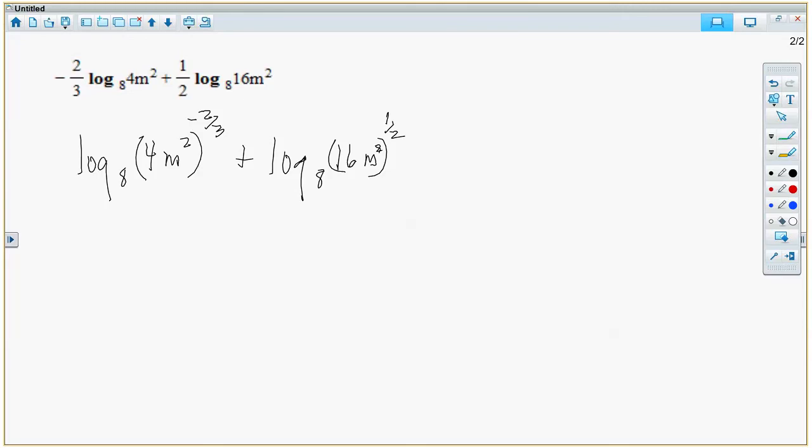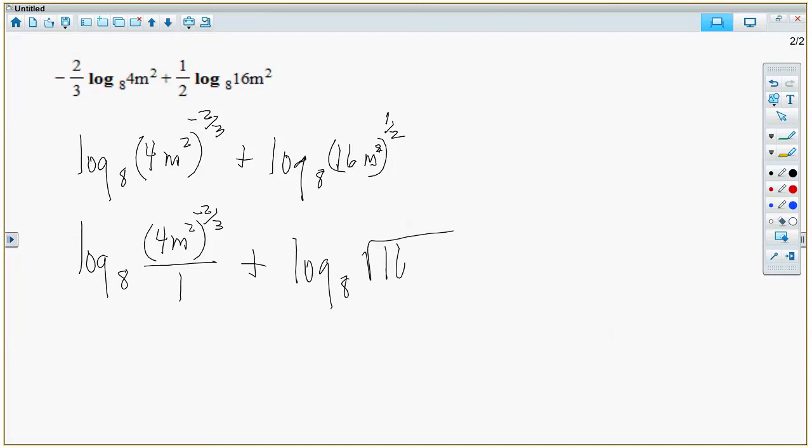Now, this right here needs to be fixed because this is negative what? And that ain't good. So I'm going to rewrite this as log base 8 of (4m squared) to the negative 2/3 over 1, plus log base 8 of the square root of 16m squared.